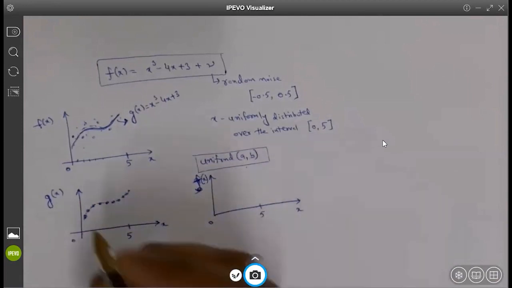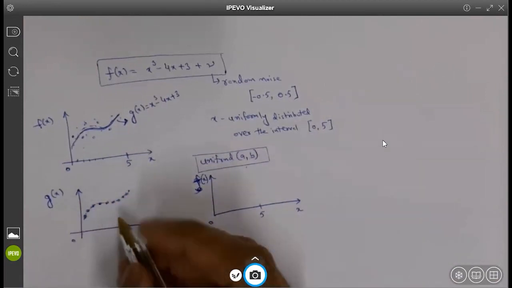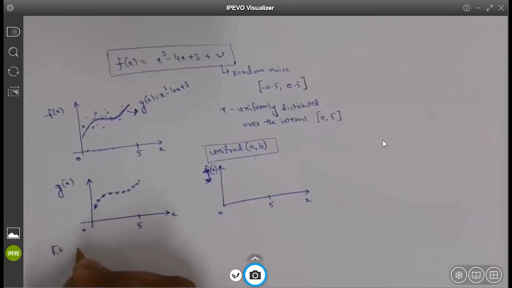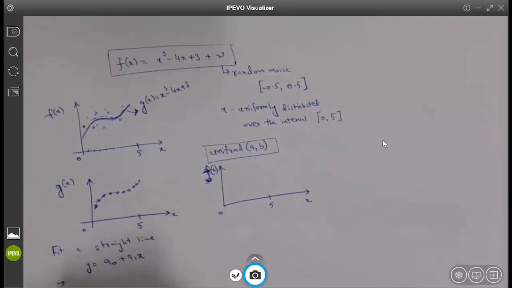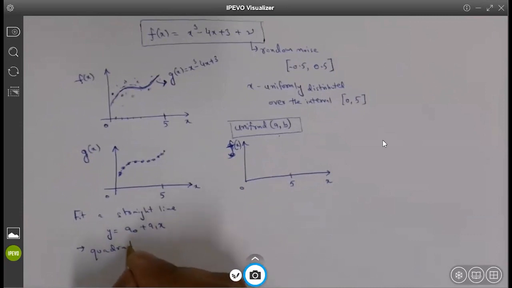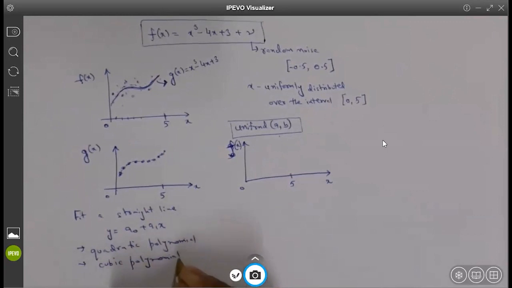And what you have to do is fit a straight line, given by y equals a0 plus a1x, or a quadratic polynomial, and a sinusoidal function, using the least squares method, the one that we actually saw in class.